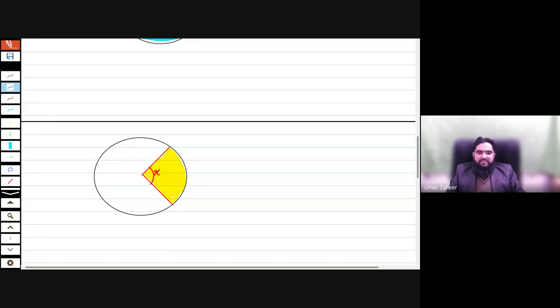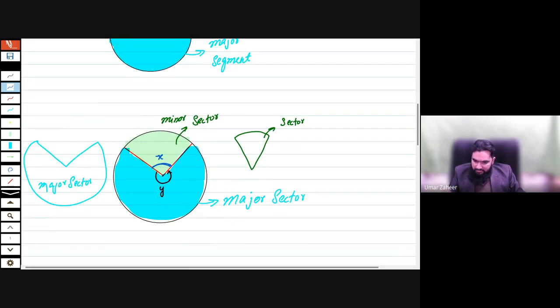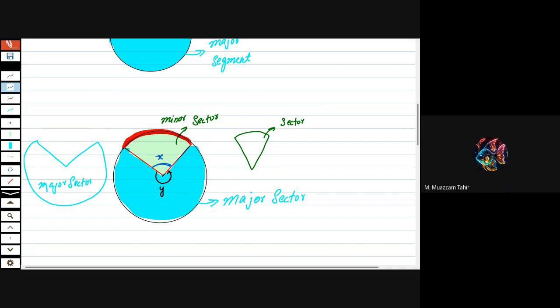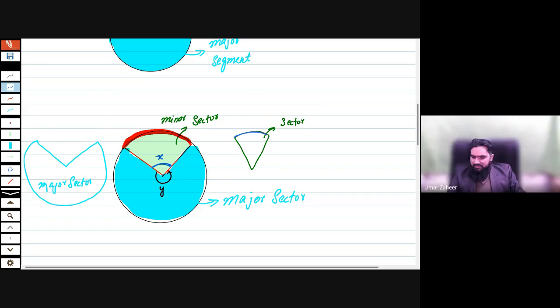Now, obviously, in a sector, one thing is missing here. Look at here. With respect to the arc length, it is known as the arc length. Arc length is basically a small portion of the circumference.